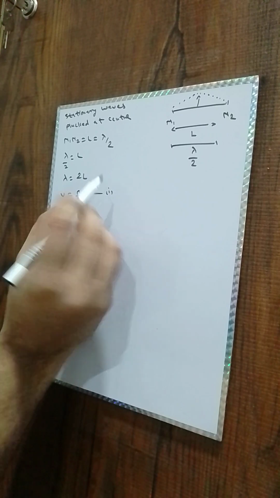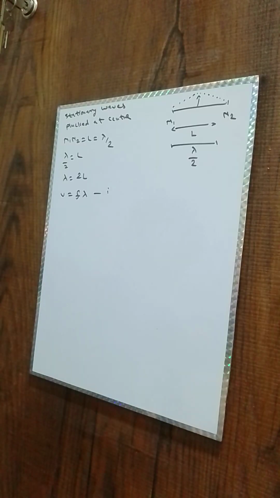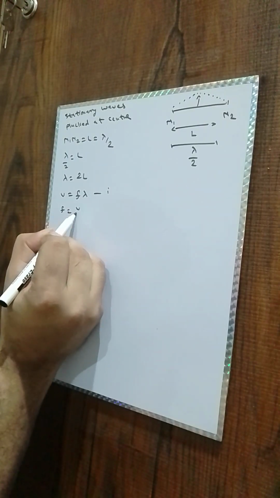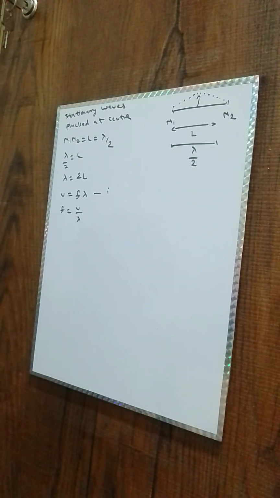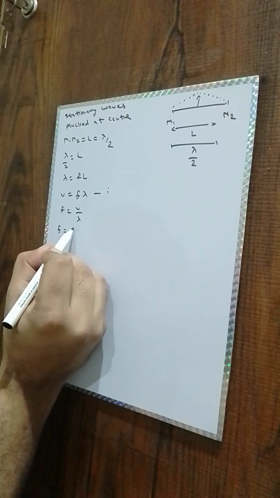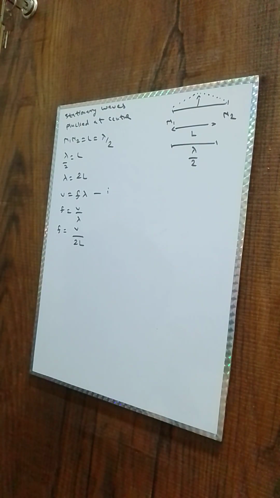This is something we know from basic mechanics, and in this case f would become V by lambda. If you put the value of lambda, the frequency will be V by 2L. Notice that we have 2 times the length here.